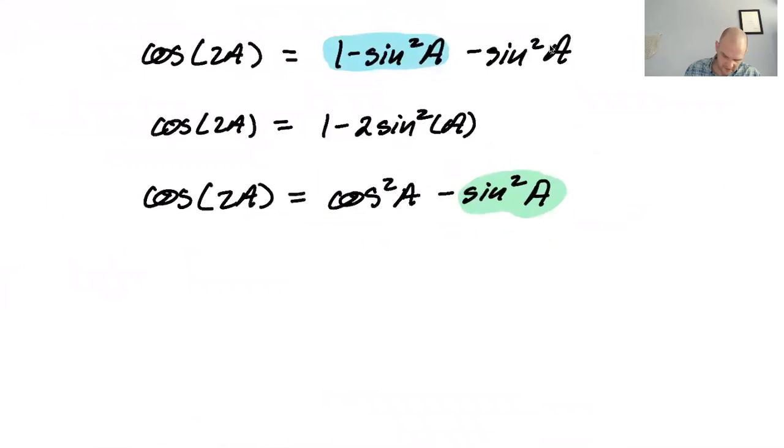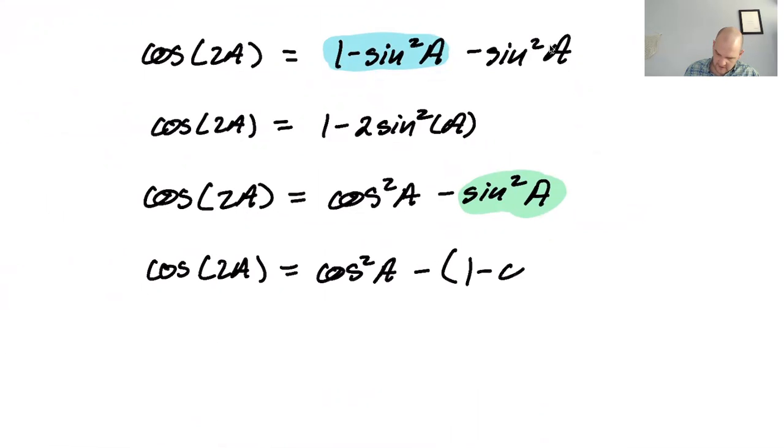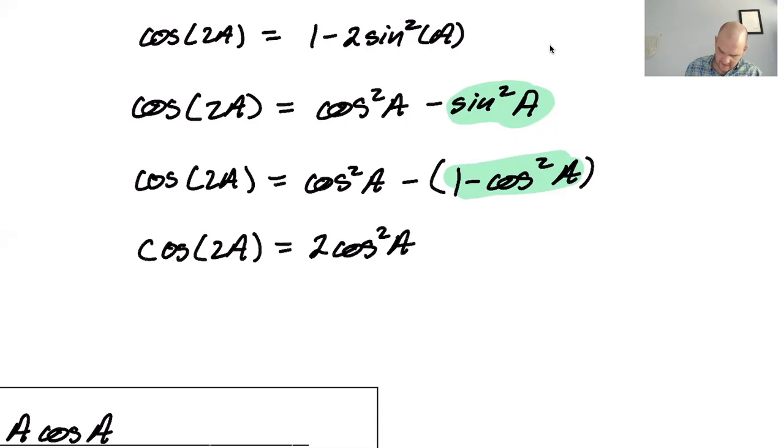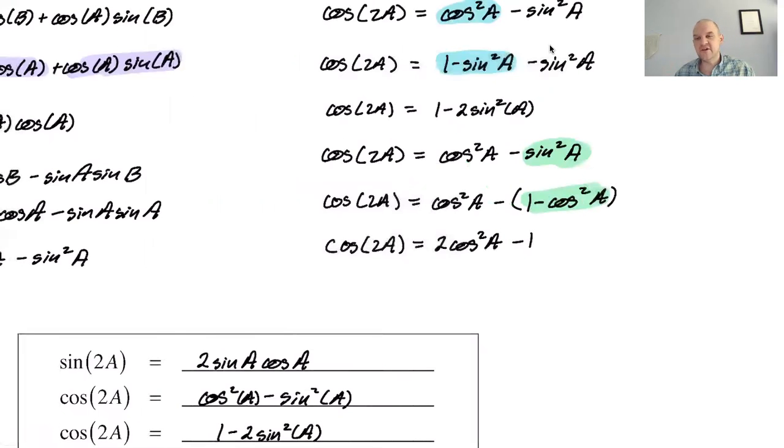So the cosine of 2a is cosine squared minus the quantity 1 minus cosine squared, so those parentheses are really important. We replaced sine squared with 1 minus cosine squared, which you can always do. Sometimes it helps, sometimes it doesn't. Here we have cosine 2a is 2 cosine squared of a minus 1. All right, that's another form.